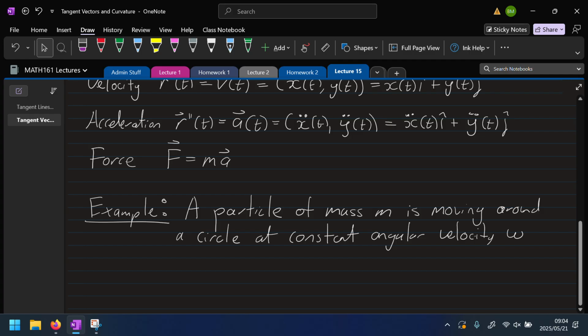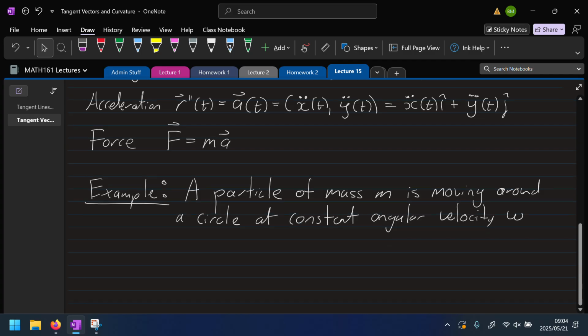So it's going around in a circle, constant angular speed or angular velocity. Part one: find the velocity vector as it goes around the circle.